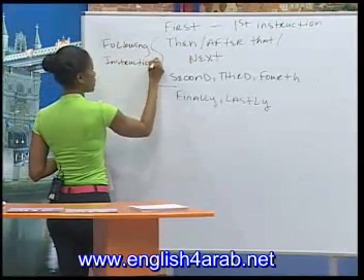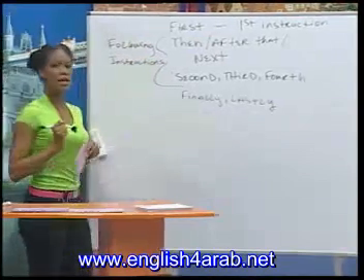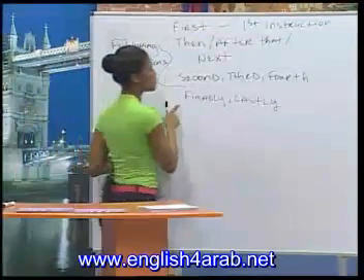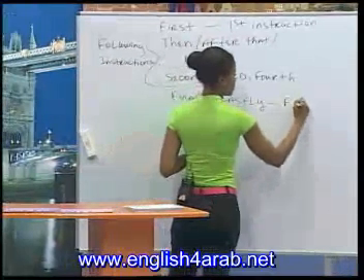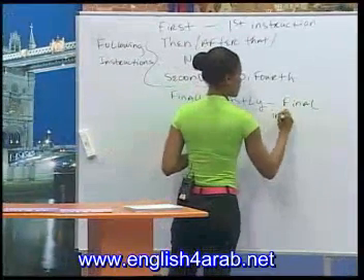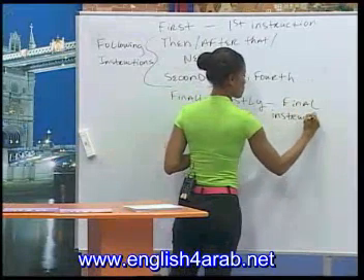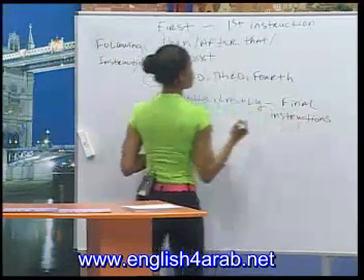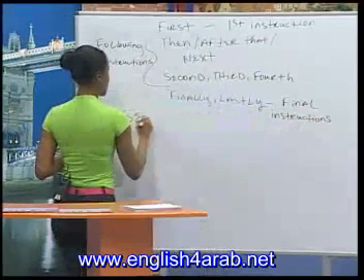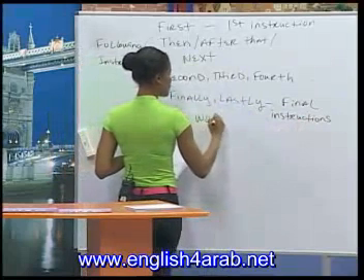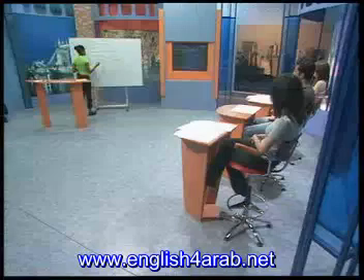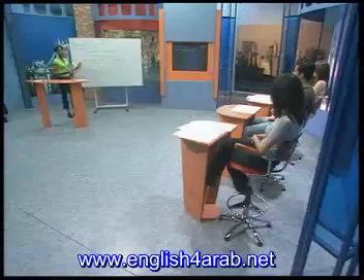And then for the final instructions, the last instructions, we can say finally or lastly. All of these words are called sequence words. Sequence means order. So these words tell the order of the instructions.